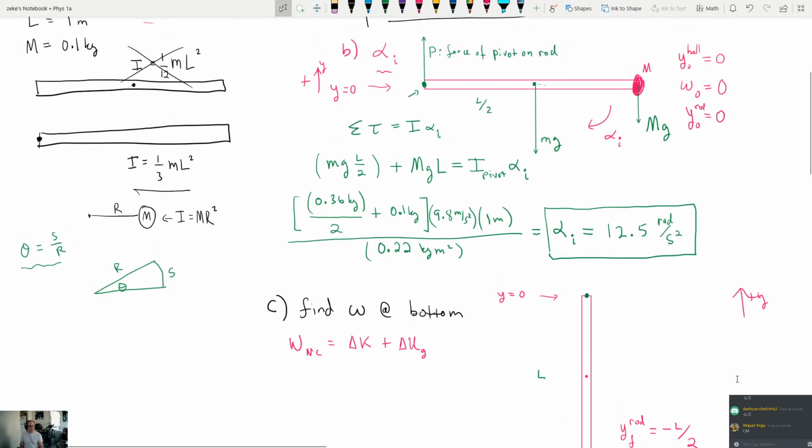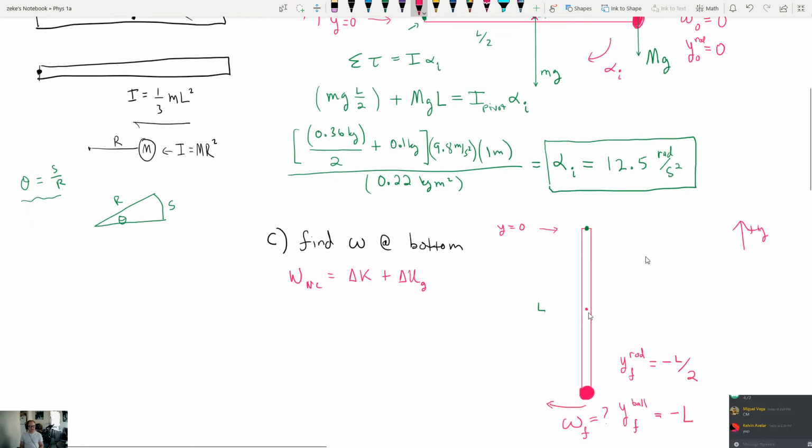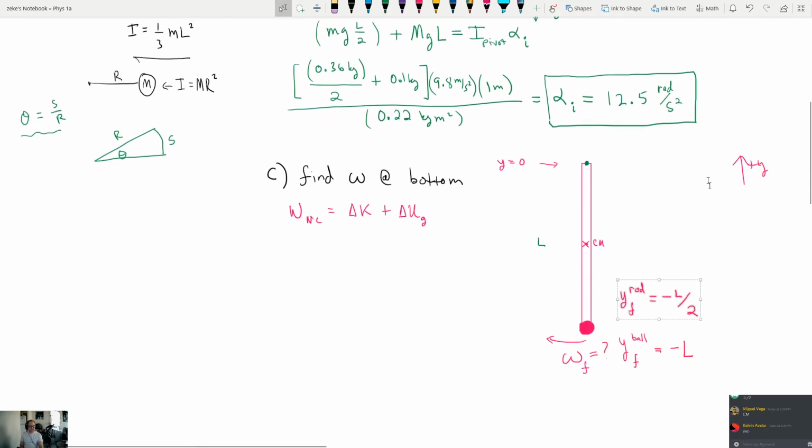Okay, so the center of mass of the rod is right here. And when it swings down, the center of mass of the rod is right here, right? So when we talk about delta y for the change in potential energy, if I have an object that's not just a point mass, like this, then you need to use the center of mass of the rod. Okay? You always need to use the center of mass in that case.